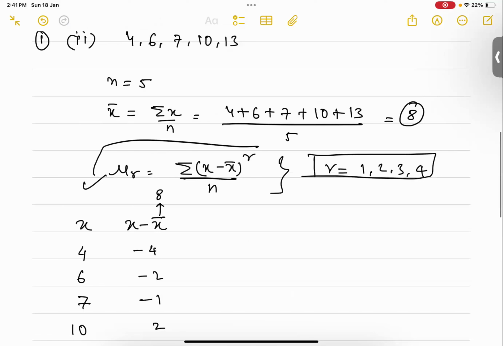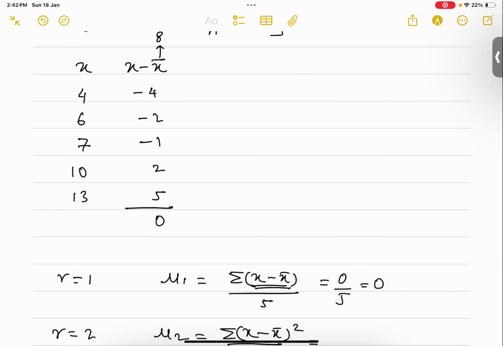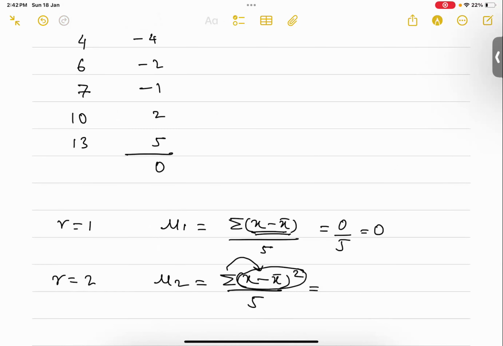So we should insert that particular column, x minus x bar square: 16, 4, 1, 4, 25. That is 50. So the final answer over here will be 50 upon 5, which is equal to 10.